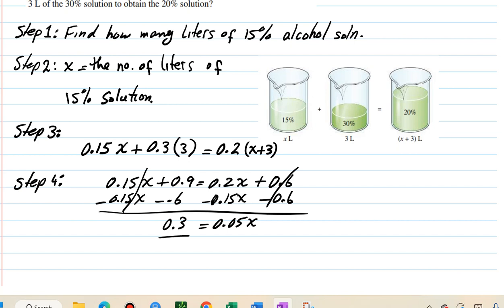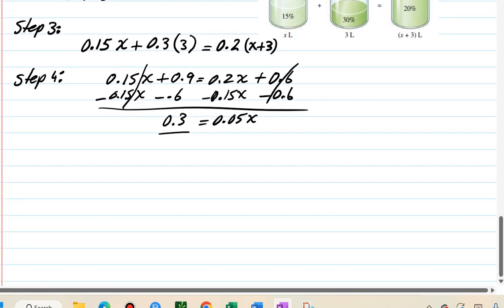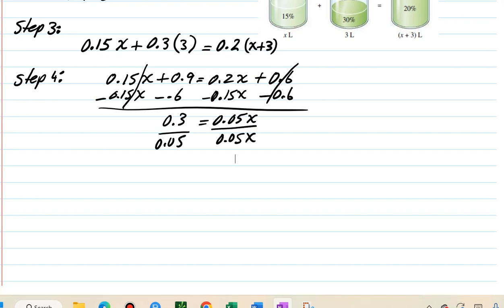And to solve this, we're going to divide by 0.05, the coefficient on x. That's the multiplication property of equations. And that would solve for x. So x is going to be 0.3 divided by 0.05.